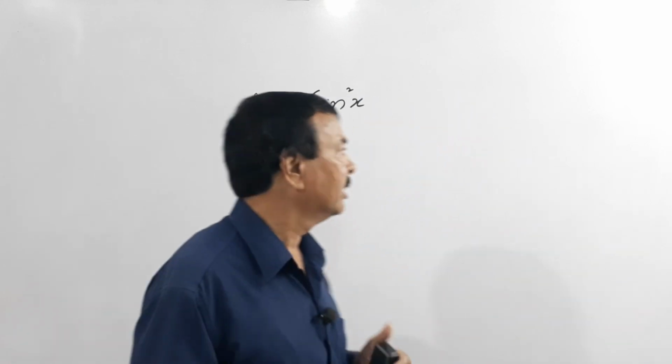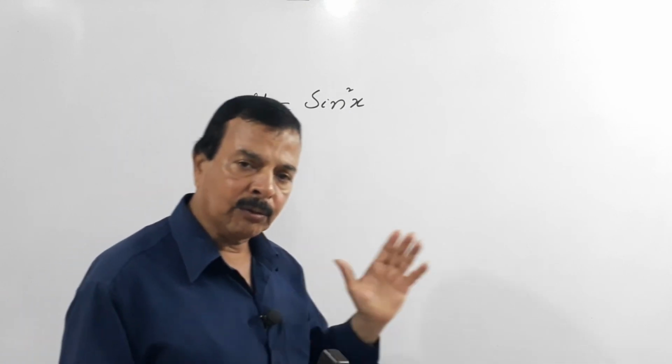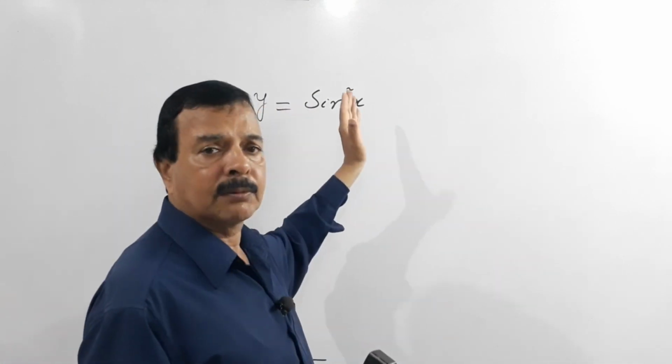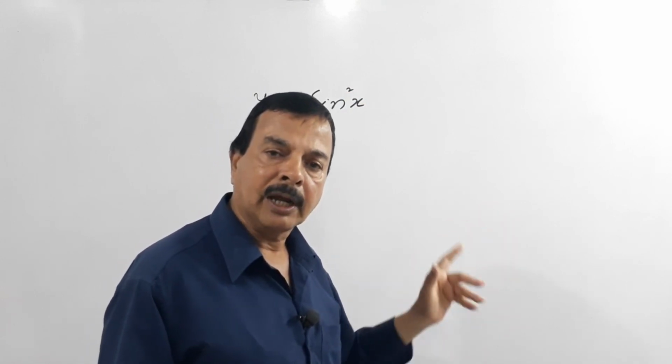Now we have y equals sin square x. I have told you to convert this product, sin square x, into a sum or difference rule. How to go about it, I will teach you.